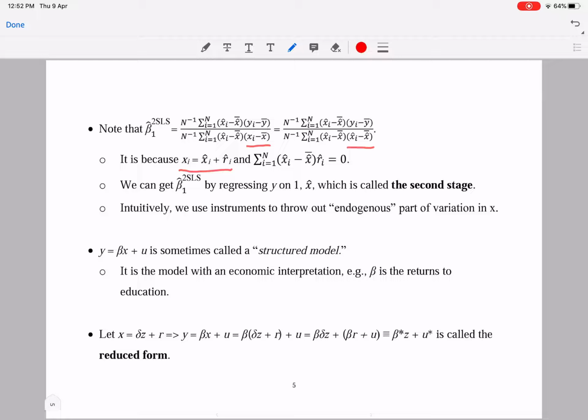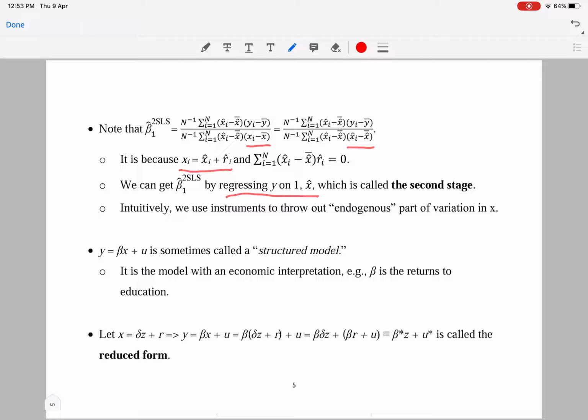That's just the first order condition, but why do we want to rewrite it that way? Because if we rewrite it that way, we know we can get the two-stage least square estimator by regressing y on an intercept term and x hat. That's how we get the name two-stage least square, and this is what we call the second stage regression.